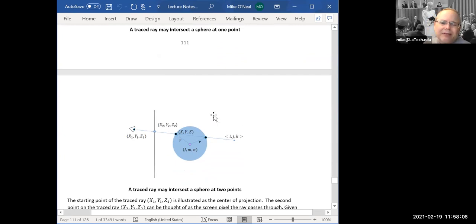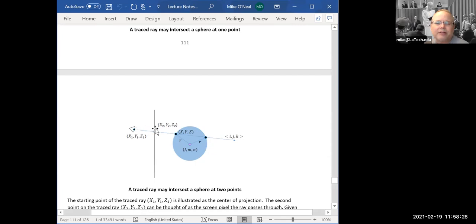So how are we going to do this? Well, this actually says everything we need to know. We've got a starting point, which originally will be your eyeball, but if we're looking at a reflected or refracted ray, it'll be the intersection point. But for the first ray, the start point is our eyeball. We've got a second point, which is a pixel on the screen.